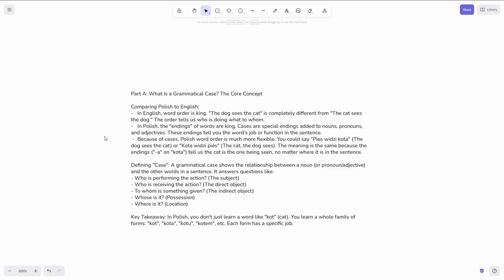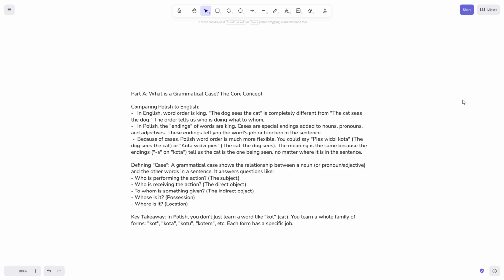Great. So as you might assume, in Polish it's different. In Polish, the endings of words are king, and these endings tell us the role. Cases are special endings added to nouns, pronouns, and adjectives, and these endings tell you, or everyone else speaking Polish, the word's job or function in the sentence. Okay?